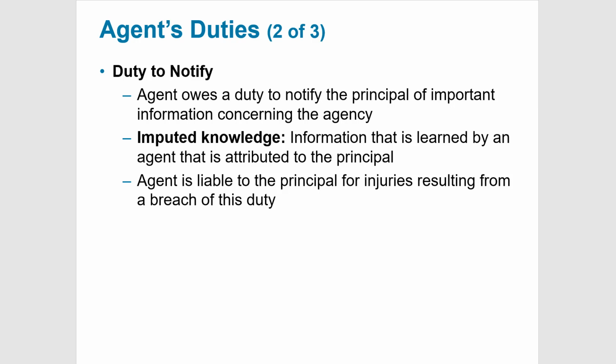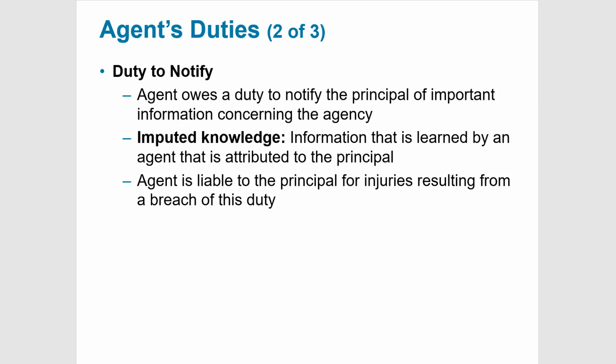So if the agent finds out about this, they should tell me, the buyer, the principal, about the knowledge they learned. If they don't, and then I buy the house, and then I later find out about this, and I think that this type of information is the kind of thing that would greatly reduce the value of that home, then I could go back and try to recover damages from my agent because they should have notified me.